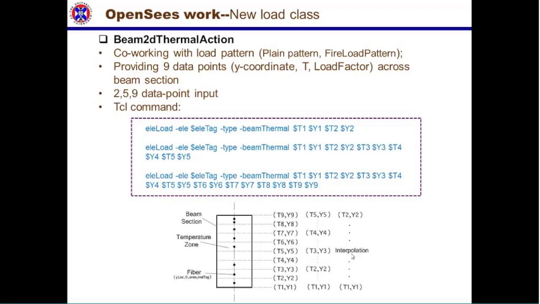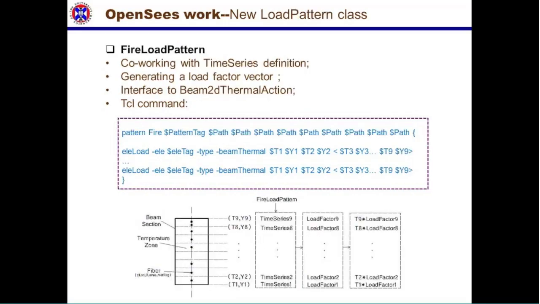Thank you. And for the fire load pattern, which is covered with the time series definition and the path time series, you can use the linear time series. The advantage of this fire load pattern is that we have 9 time series on the section, which can define 9 temperature time curves for the thermal action load.